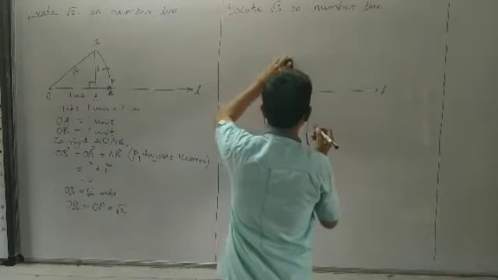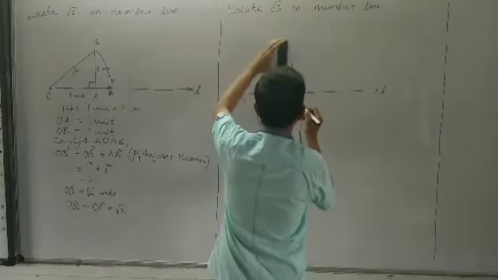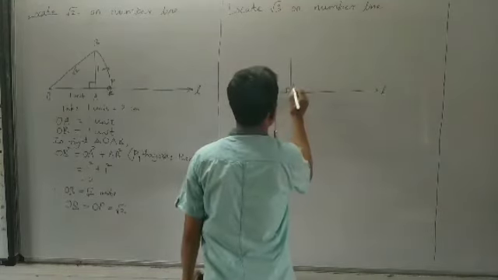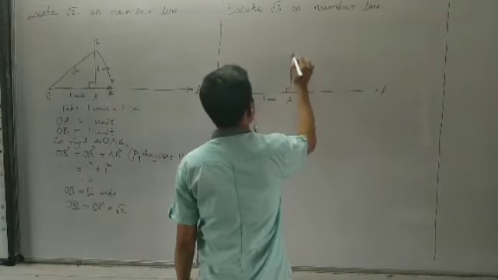Take a perpendicular. This also is 1 unit. And you join.